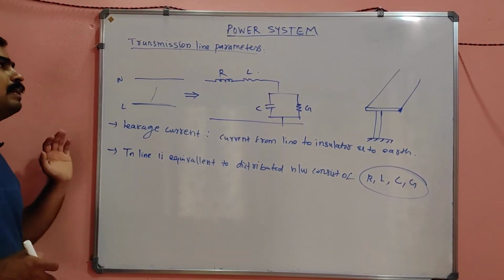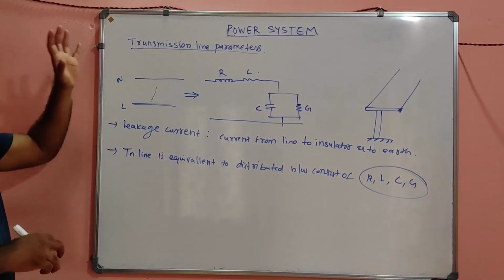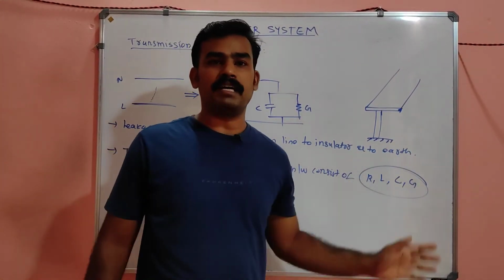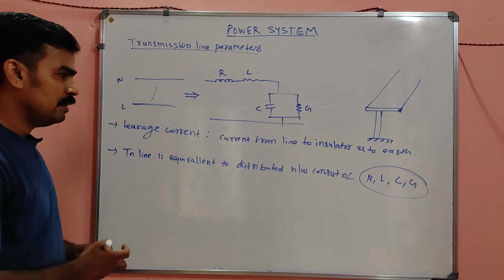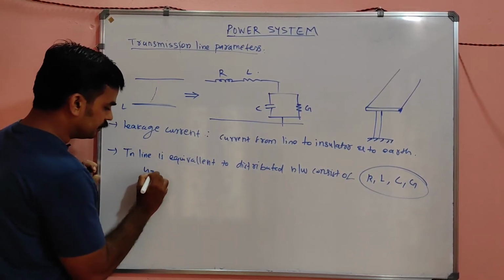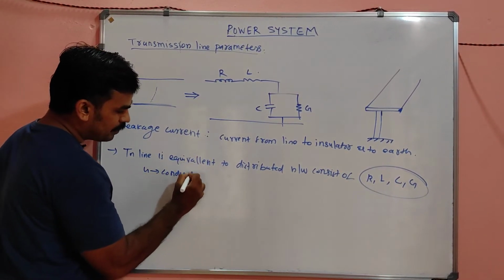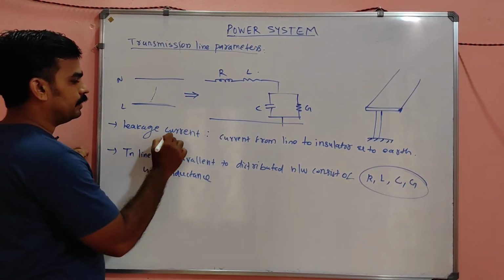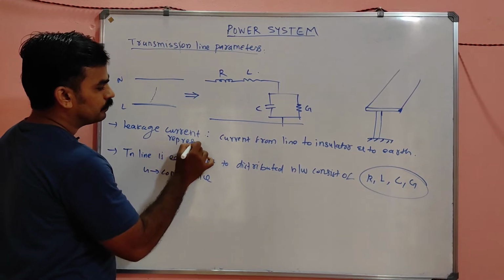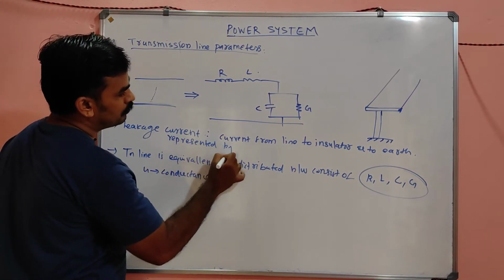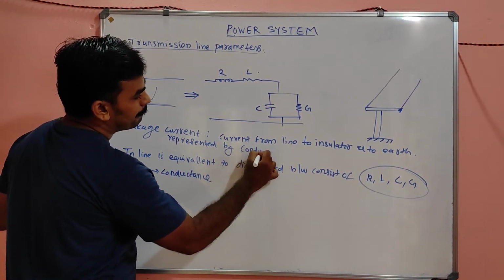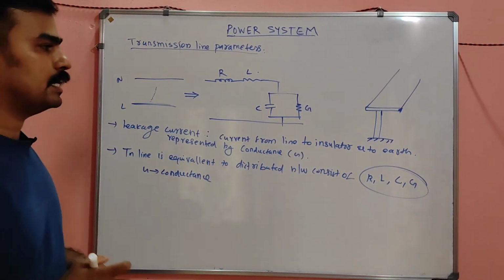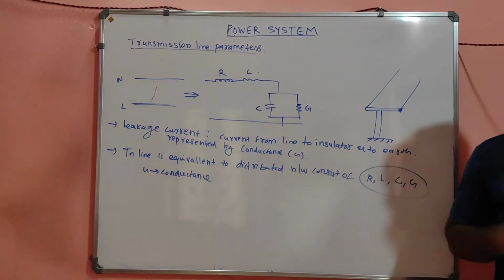What do the transmission line parameters consist of, my dear? Resistor, inductor, capacitor and conductance, where G is called the conductance. That means the leakage current is represented by the conductance G.